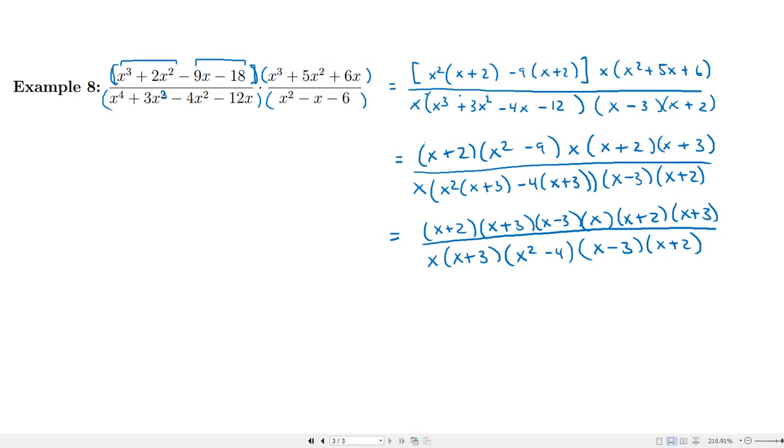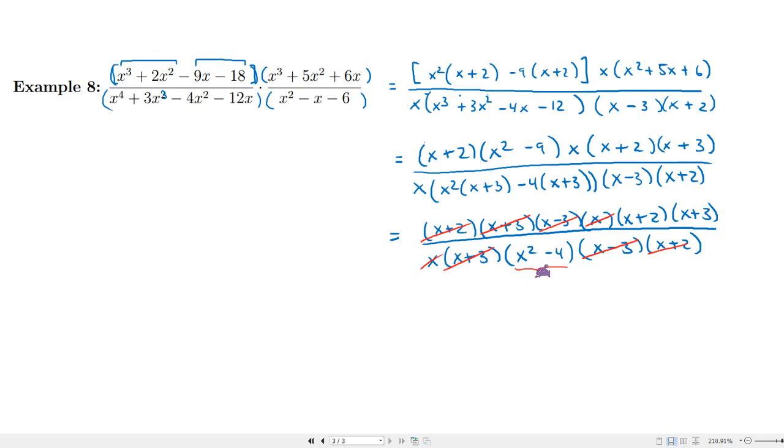Okay, now let's do some reduction. So let me switch to a red here, since there's a lot of factors. X plus 2, there is an x plus 2 here. X plus 3, there's an x plus 3 here. X minus 3, there's an x minus 3 here. An x, there is an x here. X plus 2, there will be an x plus 2 there, but since we didn't do that reduction yet, you know what?